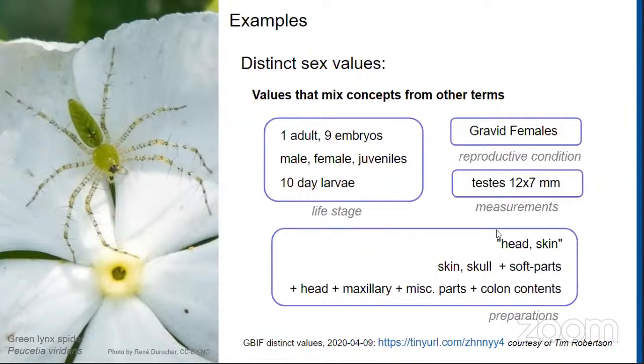And then we have other things like preparations data captured in this sex field. So you see that the variants that we find can be of very different nature, can be with different formats, in different languages, abbreviated, can be mixed with other concepts.